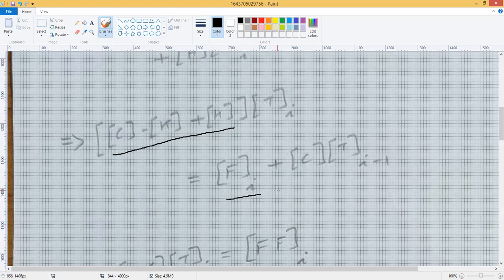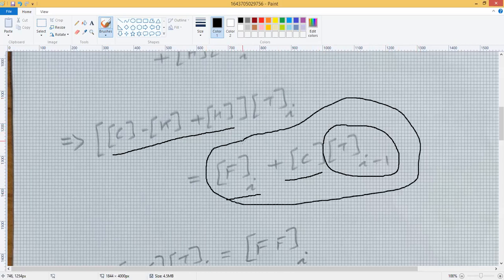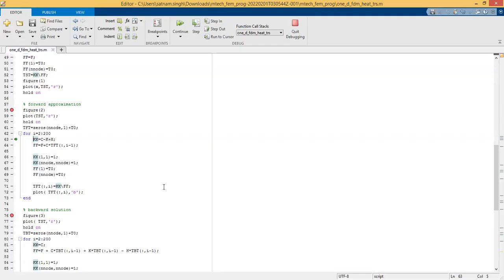To this force matrix, there is going to be added a term which is a multiple of the specific heat and the temperature available at the previous time step. Both of them together form the effective force for the ith time step. This is what is being done in this program.